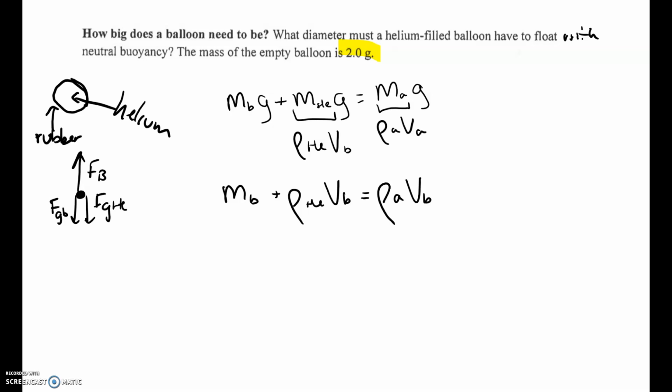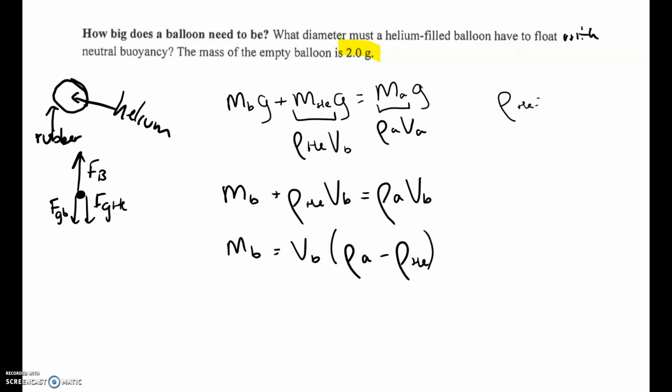All right, so looking at this here, we can do a little bit of math. I'm going to have the mass of the balloon equal to the volume of the balloon times density of air minus density of helium. Those are two known quantities. I'll write those off to the side here.